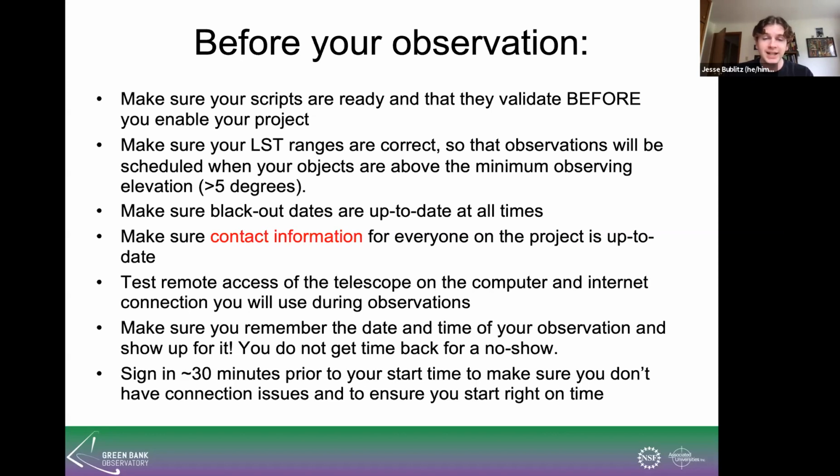Be sure to keep your blackout dates up to date, so that we don't accidentally schedule you at a time that you or any of the other observers assigned to the project cannot observe for. And keep contact information up to date so that if there is a problem or when we do schedule you, you get that information.